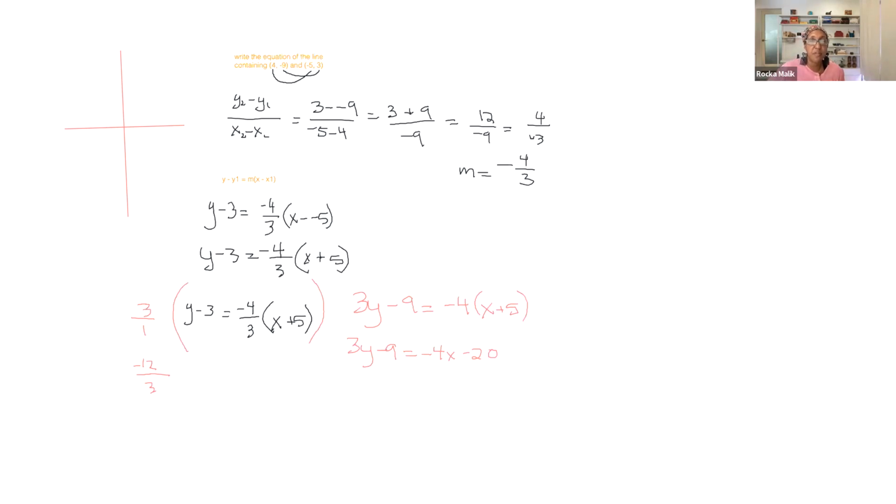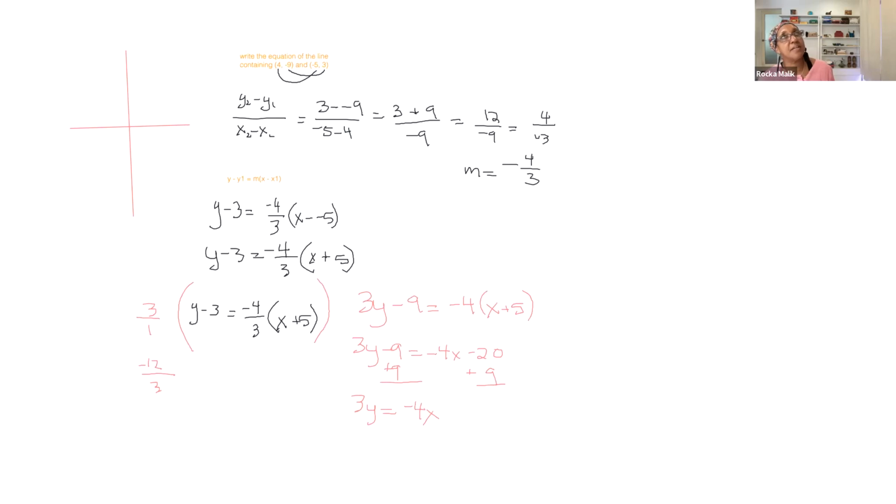Okay, so I'm gonna move the minus 9 to the other side. Yes, okay, plus 9. Plus 9. Leaves me with 3y equals minus 4x. Negative 20 plus 9 is minus 11.